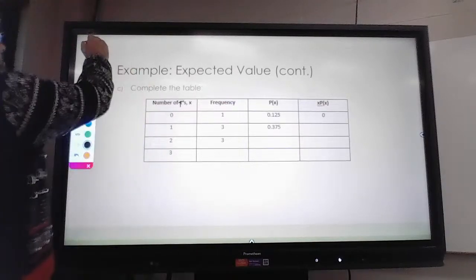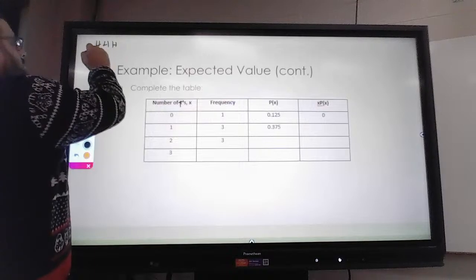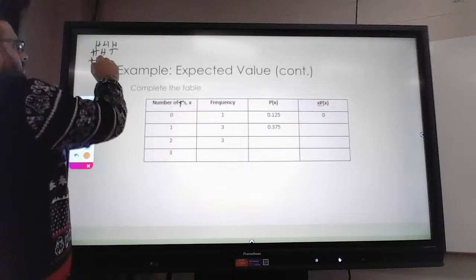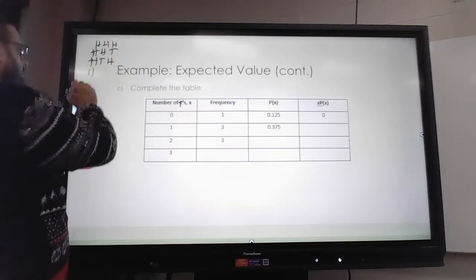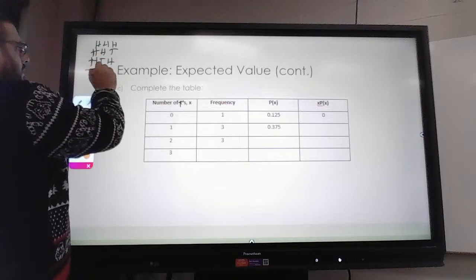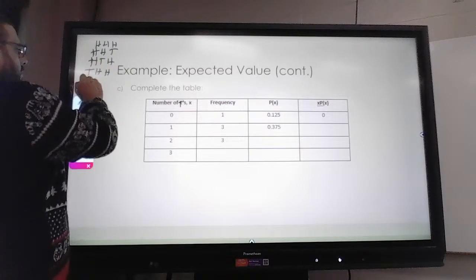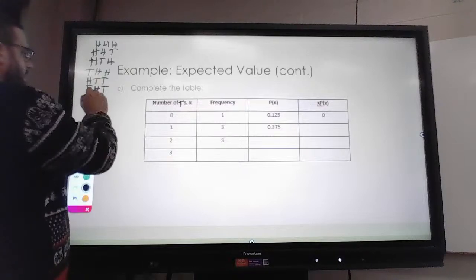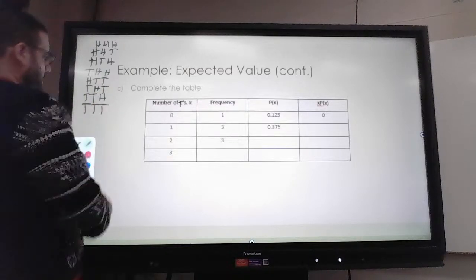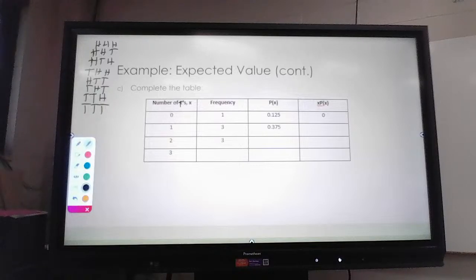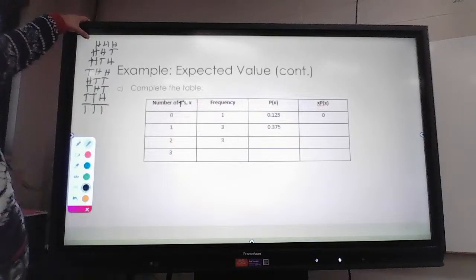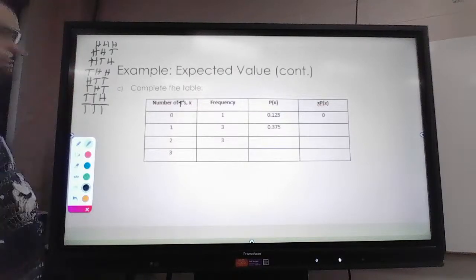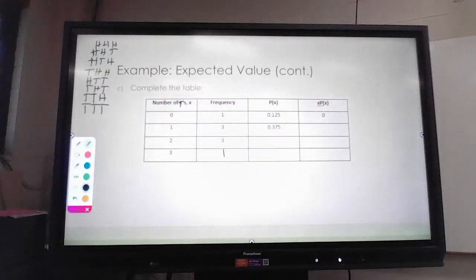HHH, HHT, HTH, THH, HTT, THT, TTH, and then TTT. So I have 1 instance of having 0 tails, 3 instances of having 1 tail, 3 instances of having 2 tails, and 1 instance of having 3 tails.